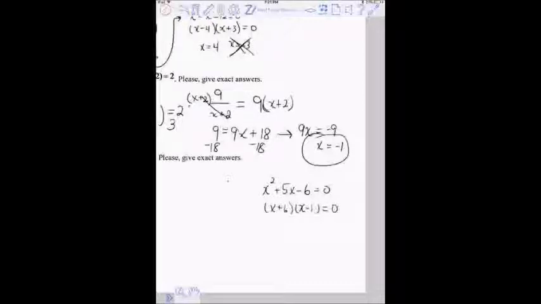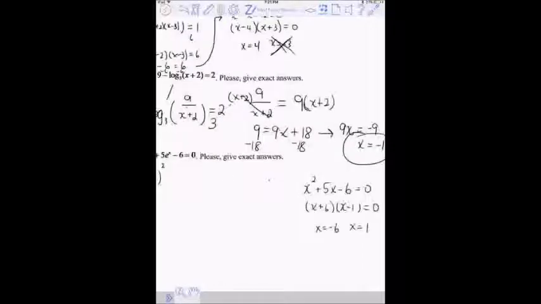Set it equal to 0, and you get x equals -6 and x equals positive 1. That kind of an equation is really easy for you guys. It's just factoring a quadratic.